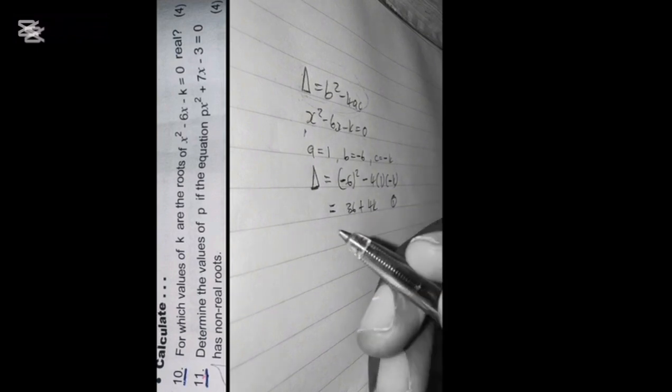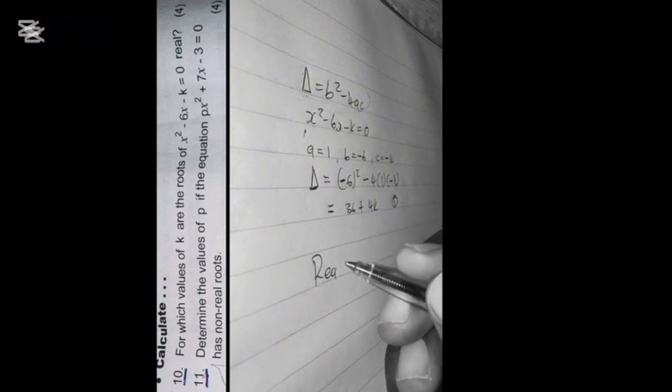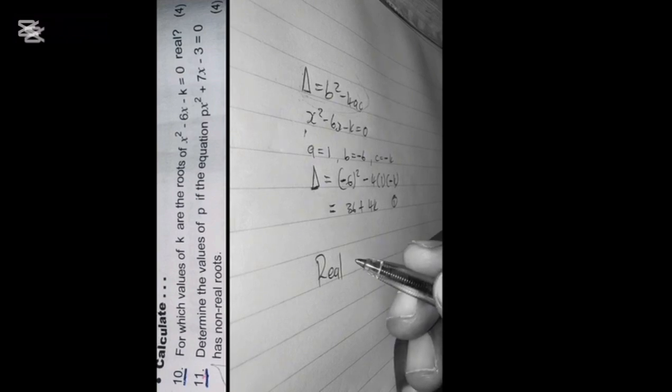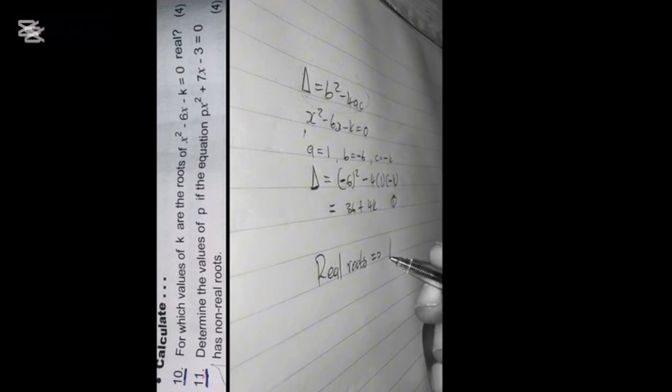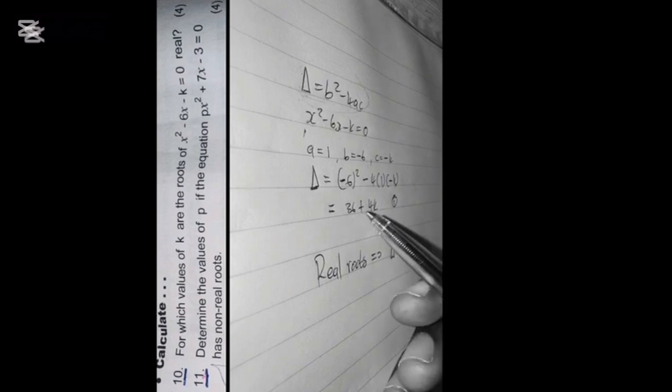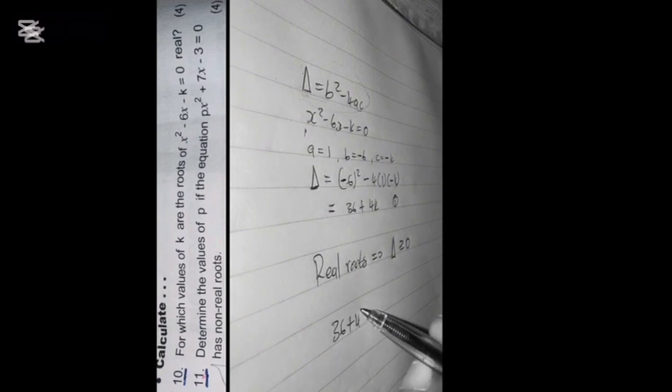So since we have real roots, the discriminant is greater than or equal to 0. And we know our discriminant is 36 plus 4k. So we can say 36 plus 4k is greater than or equal to 0.